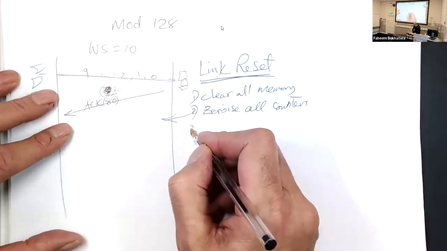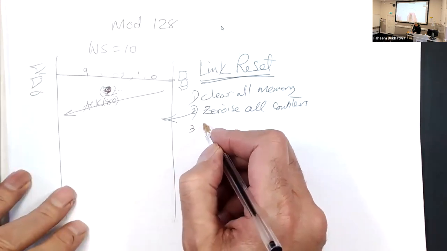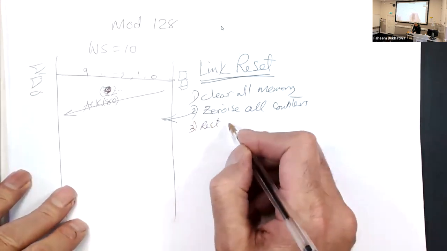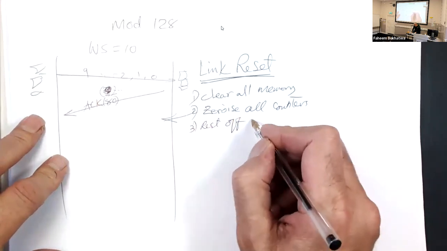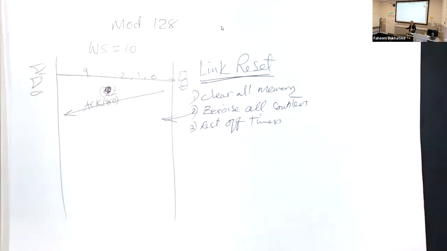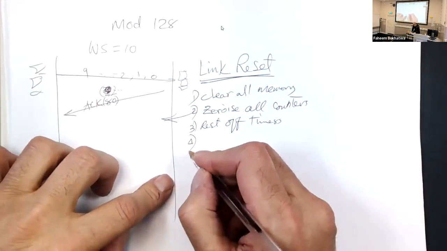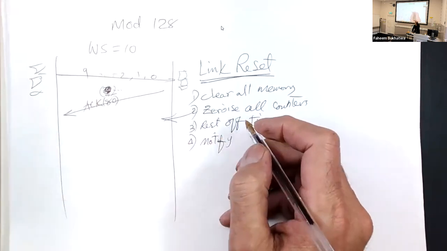And we need to turn off all timers, and variables and counters. And tell our user up there, we lost the link. There's a problem with the link. Usually we notify the network layer.